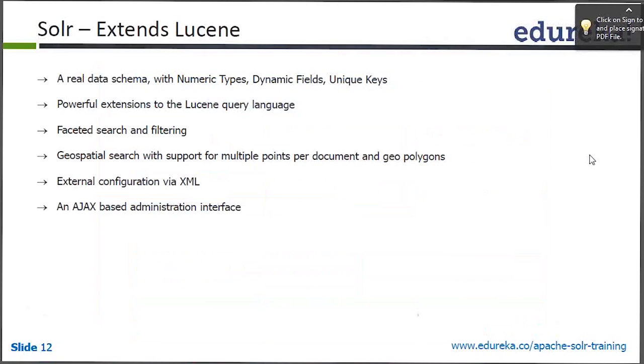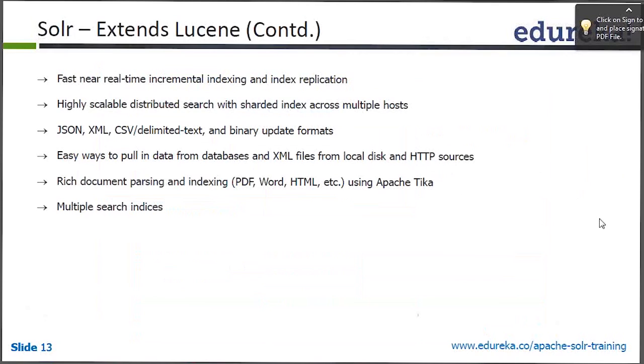A lot of the faceted and filtering aspects are enhanced, and a lot of geospatial features are also extended, and all the API coding is done through configurations. So choosing which class, which analyzer, which filter, all of that is configured in XML. And moreover, you have a lot of administrative UI which you can use.